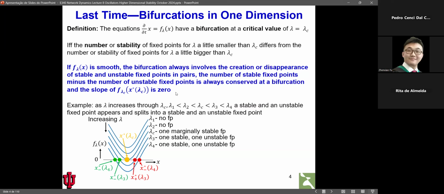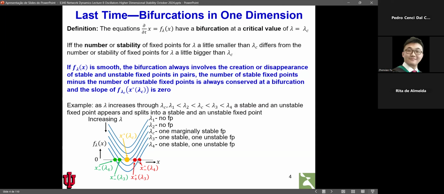Okay, so see here you have many different f lambdas, one for each different value of lambda, which makes f lambda cross the axis at different points, giving different fixed points.